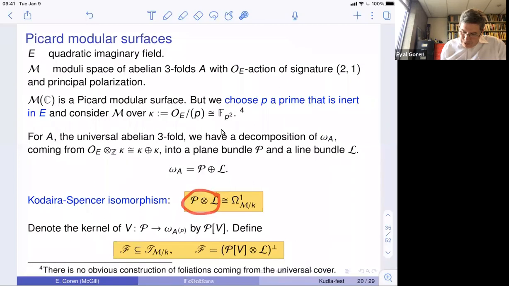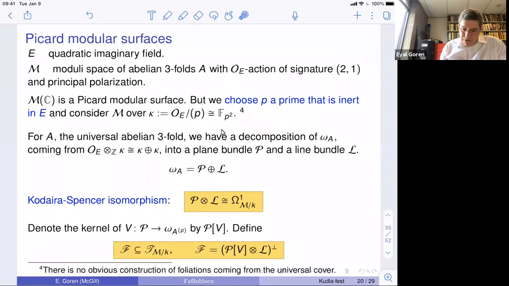So this whole tensor product lives inside omega 1, and I'm going to take its perp under the natural pairing between the tangent bundle and differentials. Okay, so I'm going to get a line bundle sitting inside the relative tangent space of M.